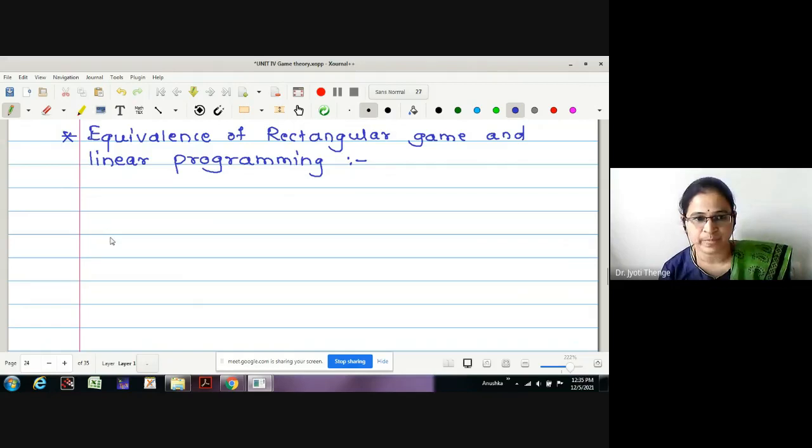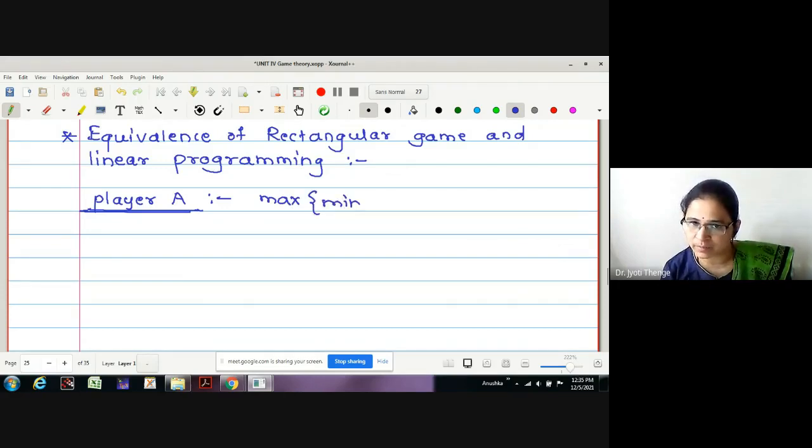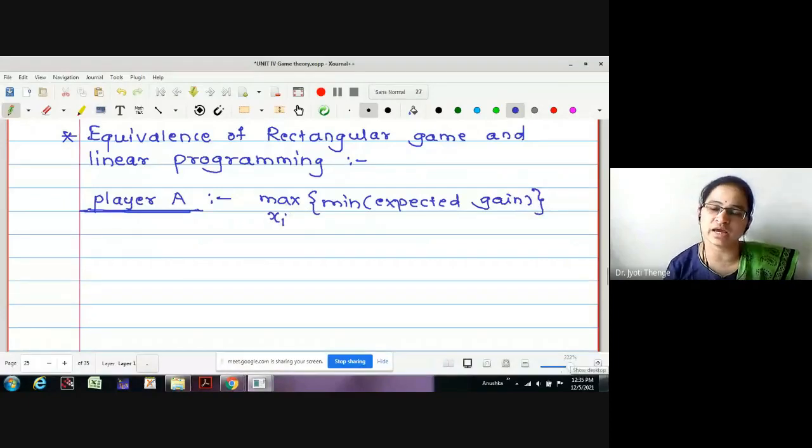What should I write? Player A. What is player A going to do? Player A is going to maximize the minimum expected gain, and this maximum is over xi.